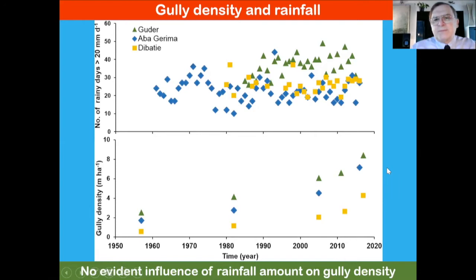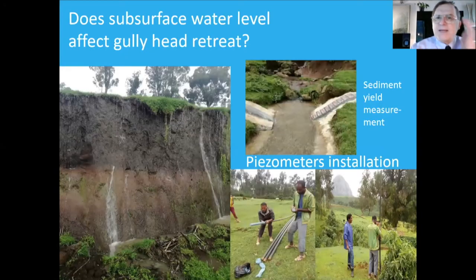And in order to explore these hypotheses further, we decided to investigate if there is any effect of subsurface water level fluctuation on gully head retreat.